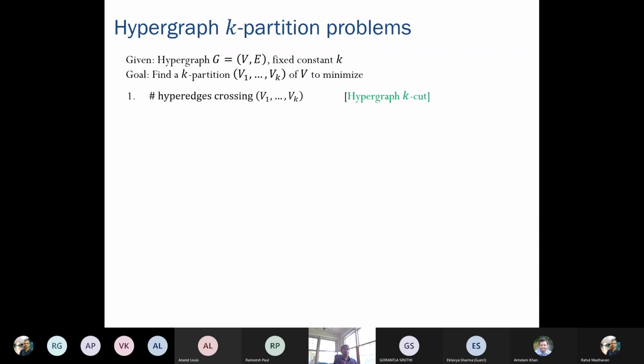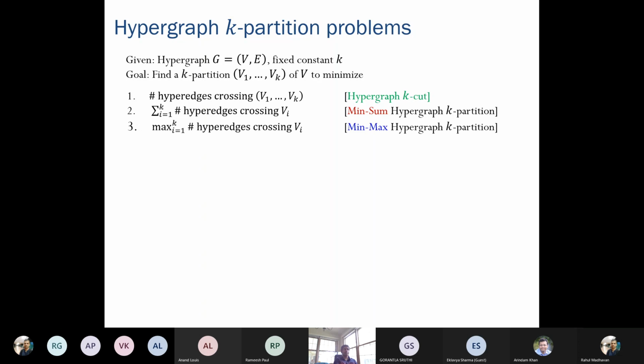If the measure of interest is the number of hyperedges crossing the K parts, the problem is known as hypergraph KCut. If the measure of interest is the sum of the number of hyperedges crossing the K parts, the problem is known as min-sum hypergraph K partition. And if the measure of interest is the max of the number of hyperedges crossing the K parts, the problem is known as min-max hypergraph K partition.